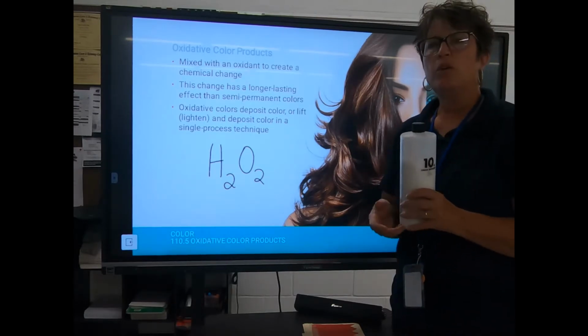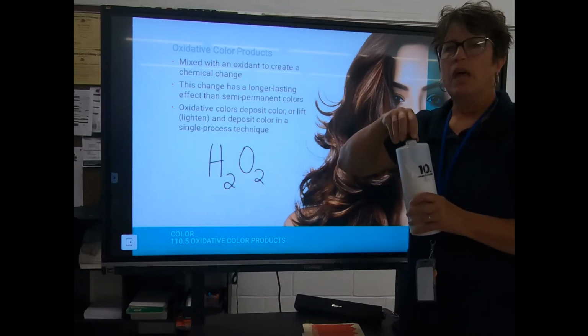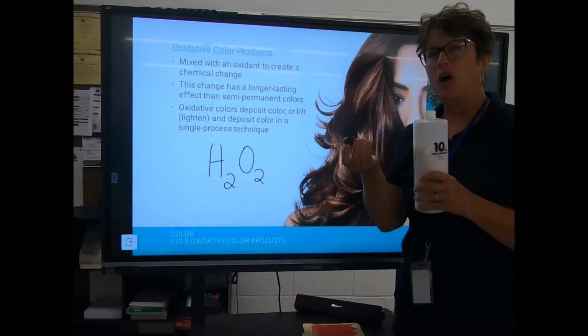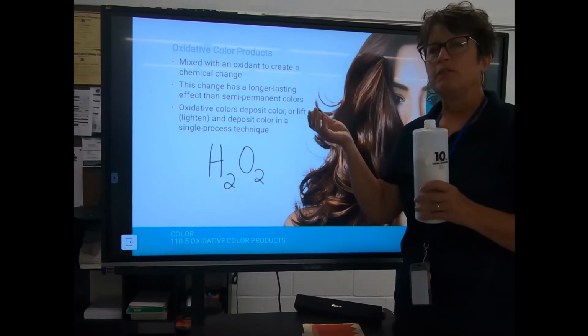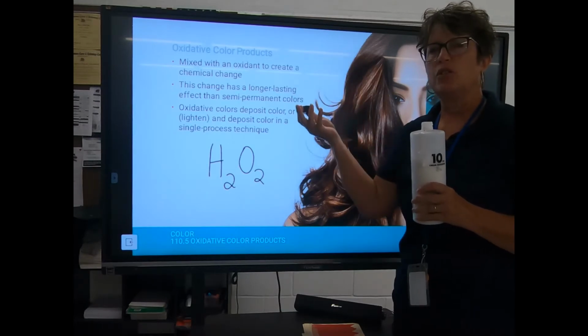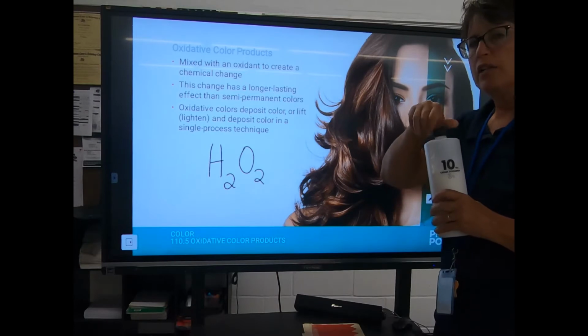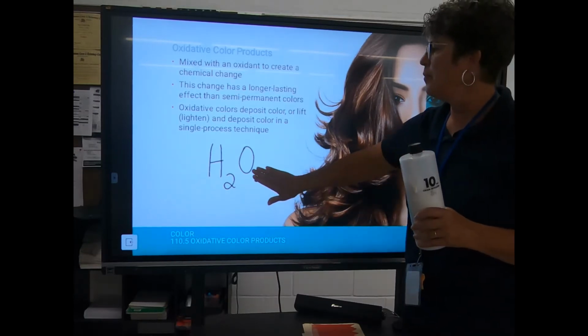If you go in and you mix color in the dispensary and you go ahead and pour your color in and you walk away and you leave the lid off of hydrogen peroxide, it starts releasing oxygen into the air. If we lose too much oxygen, what does it become?